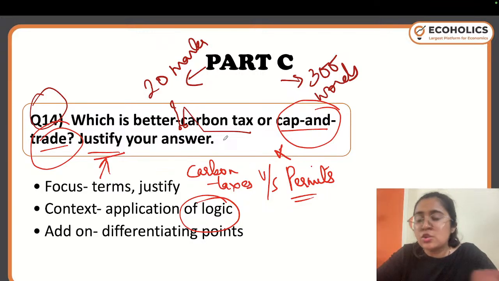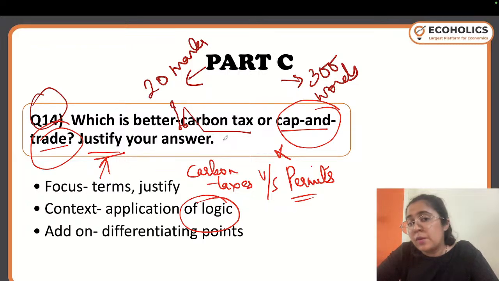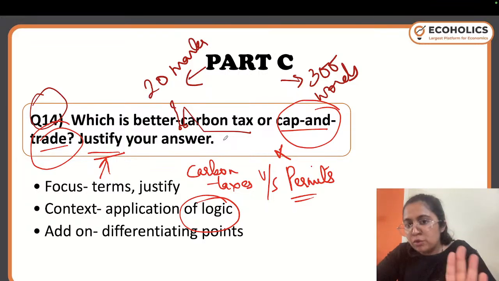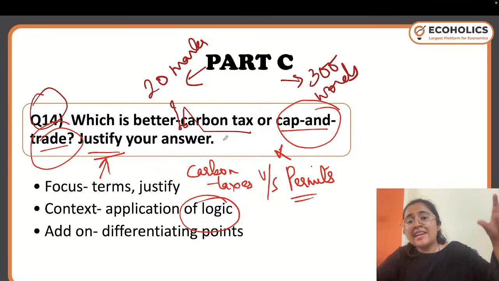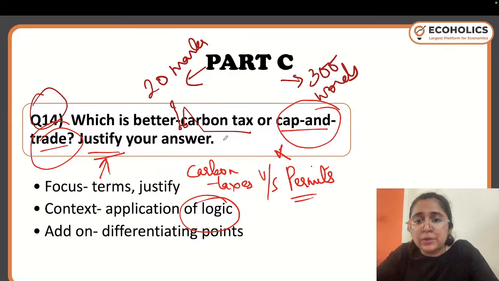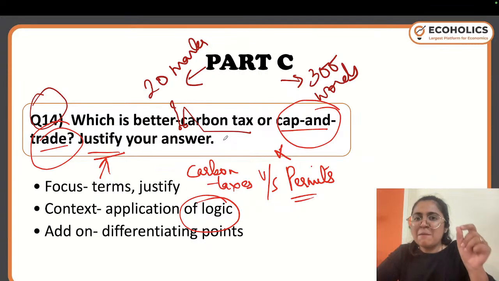Why do you pay taxes, or why are taxes levied? So that they can stop you from something. What are carbon taxes? These taxes are levied so that they can stop industries from polluting more. They are stopping, right? But when you say permit, what does permit do? Permit means providing. So that's the minute difference.